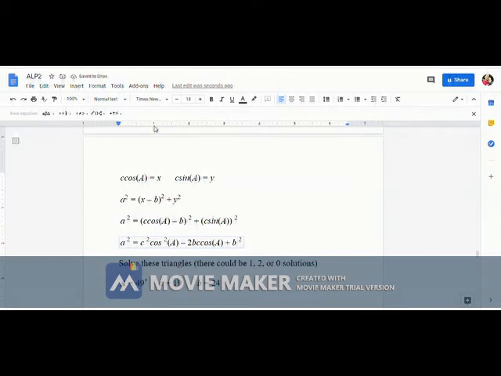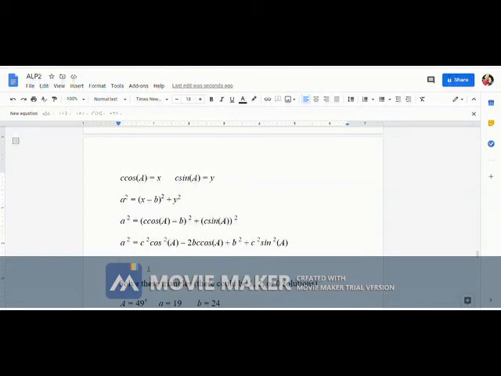Okay, and this c sine a squared is going to become c squared sine squared a. Now we'll move these around real quick just to be able to see this a little bit easier.